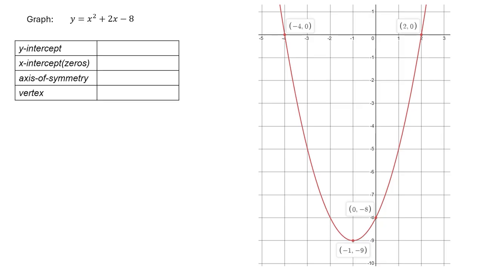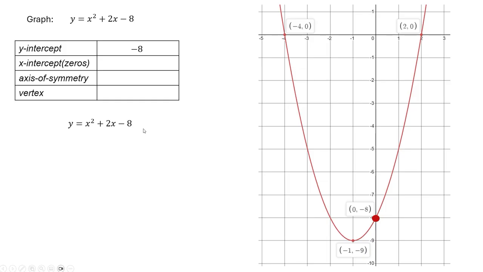Here we're given an equation, and we're asked to graph the parabola. The y-intercept is this point right here, the c value, which is negative 8. For the x-intercepts, what we have to do here is factor this particular equation.